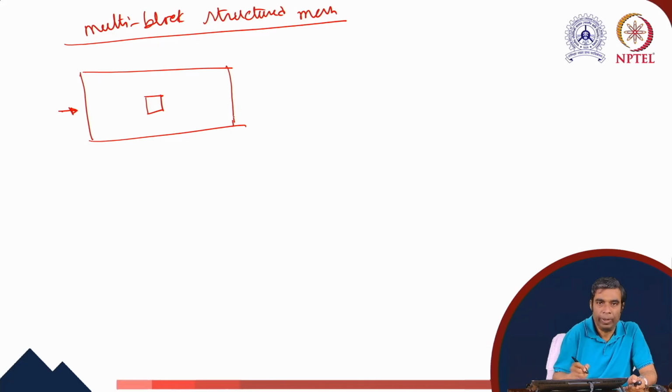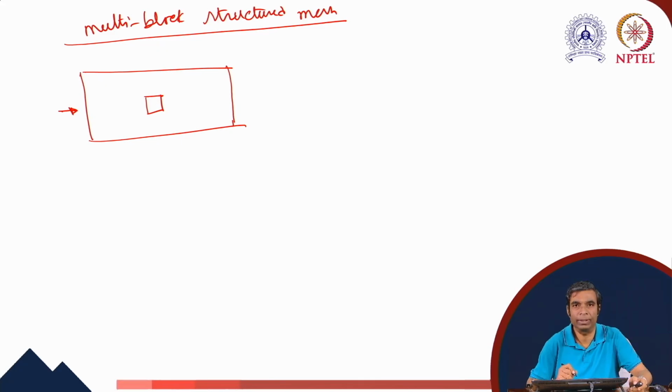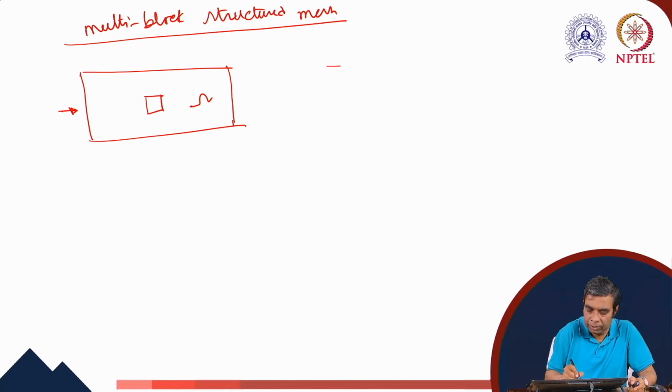Then we can show the construction of a very coarse mesh to study this. Now, this particular domain omega, we can split into multiple blocks. So one of the blocks will contain the object and the remaining blocks will be just used for making coarse meshes.